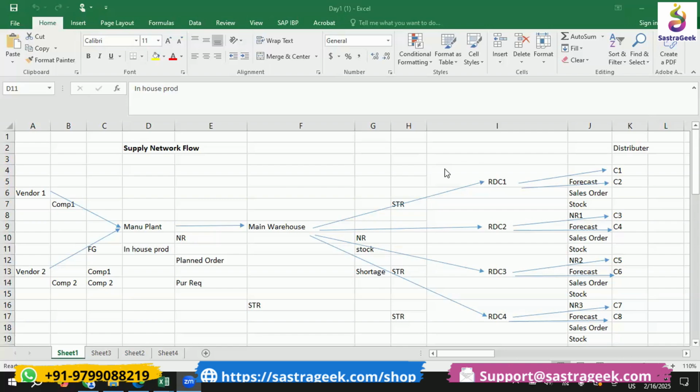So you want to give the right signals to the manufacturing plant to produce the right quantity with some buffer to be able to stock it within the supply chain network.